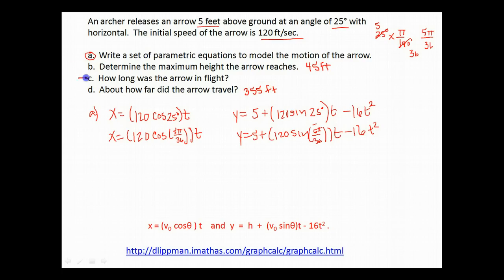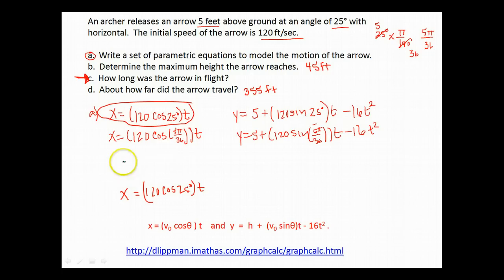Now, how long was it in the air? Well, how far did it go before it hit the ground? Our horizontal distance, remember, is determined by this equation right here. Our x, or horizontal distance, is 120 cosine 25 degrees times t, or you can use 5 pi over 6 radians if you want, that's fine.